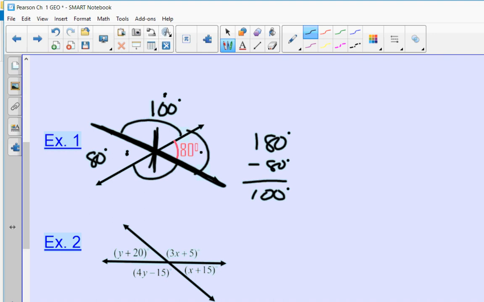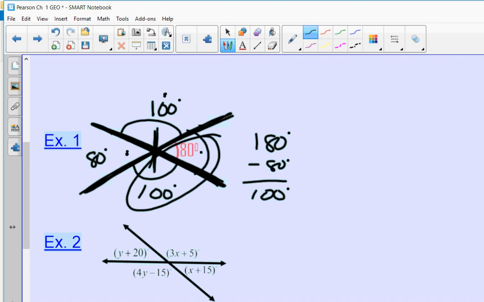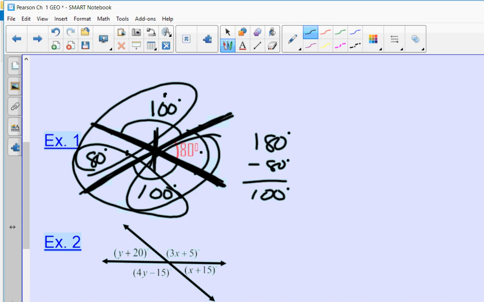So then this one should be 100 degrees also. Okay. And I looked at this line going this way being 180. Well, that's a line too. Is it 180? Well, these two are going to give me 180. Those two are going to give me 180. These two give me 180. So you're taking these terms and lumping them all together in one picture, and we got to be able to see that. Okay.